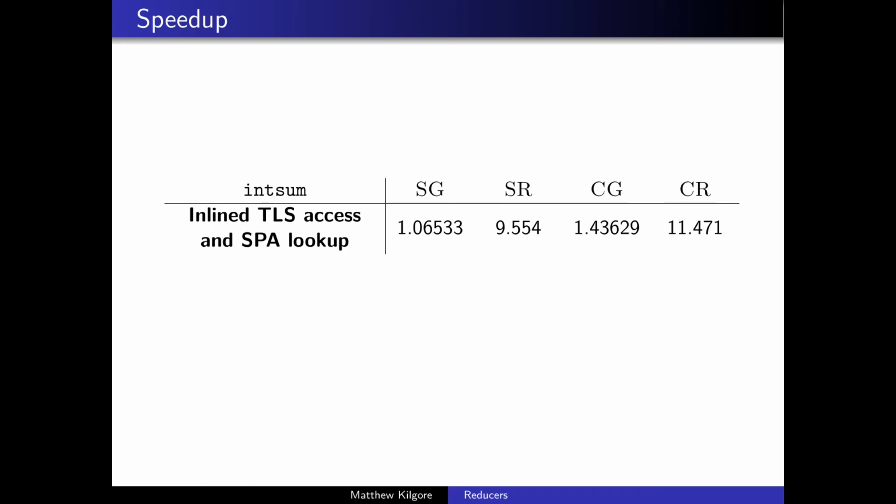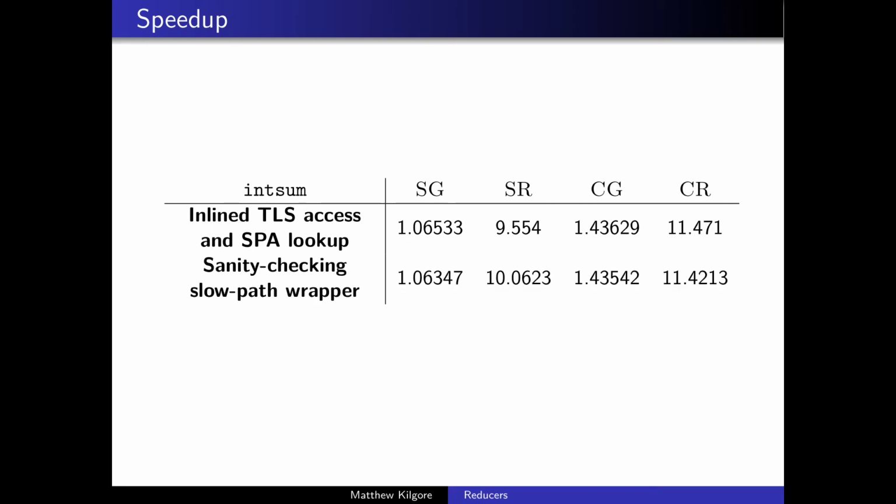So anyway, here was the result again with the prior inlining. Here is a sanity check, just to make sure that adding those wrapper functions doesn't have any meaningful effect on performance.